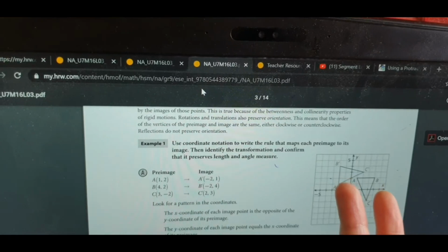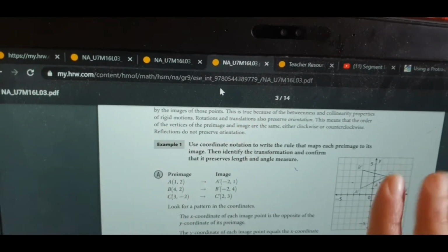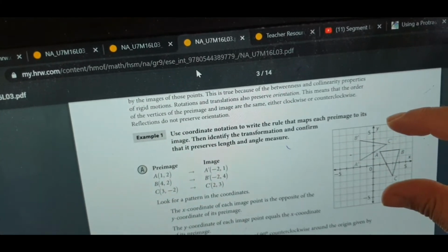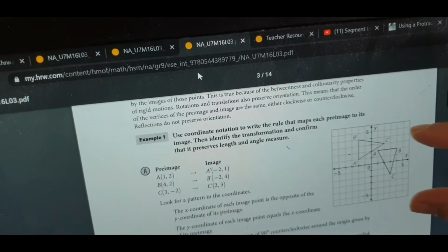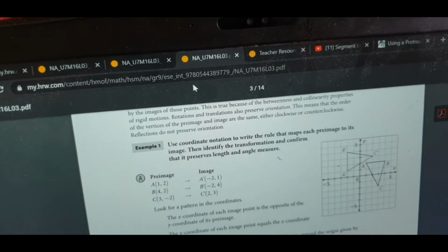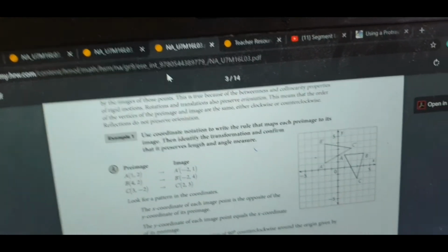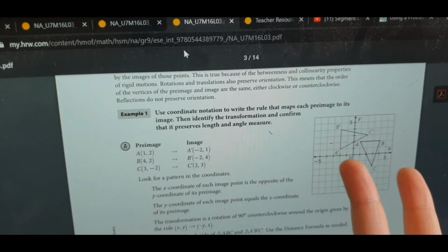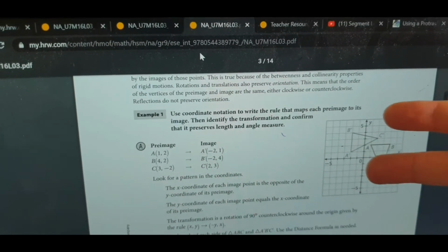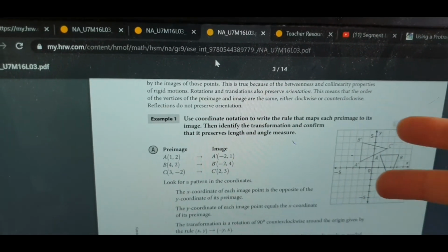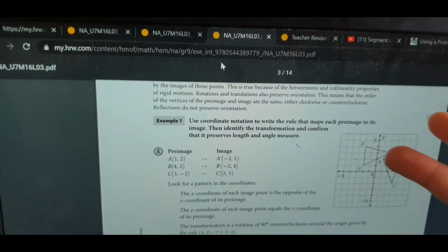Is this a normal translation? Translation means that my object will just be as it is, but moving up or down or left or right in the same shape and orientation. So this is not a translation. Is it dilation? Is it changing size? No. It is the same shape as the ceiling fan, girls. It's doing a circle. So this is rotation.